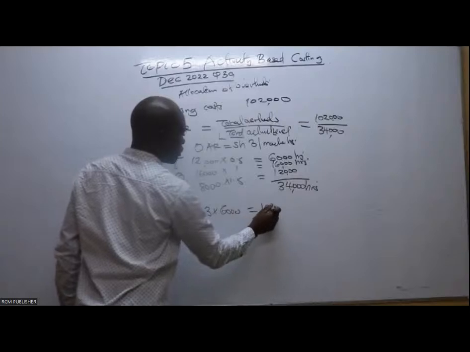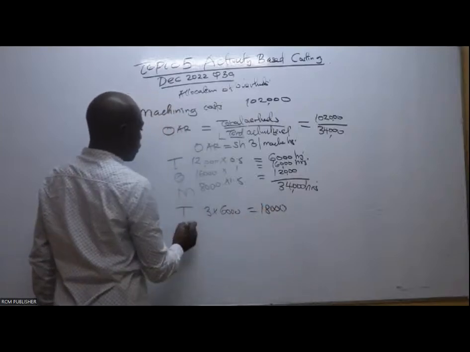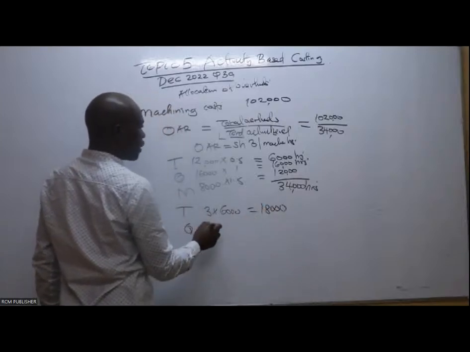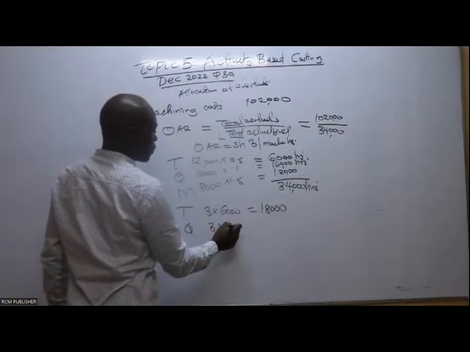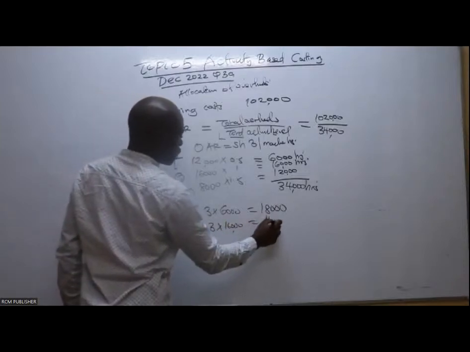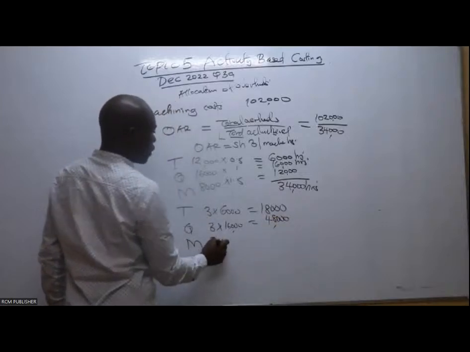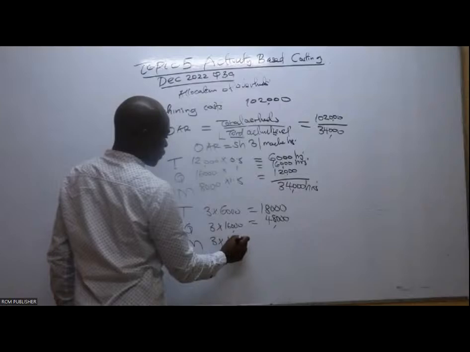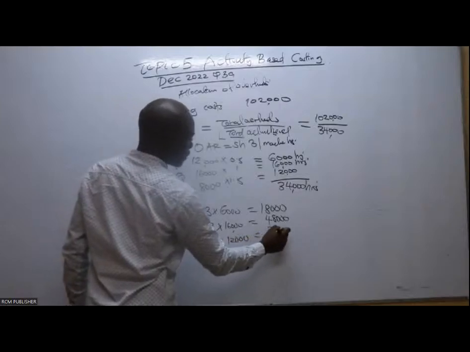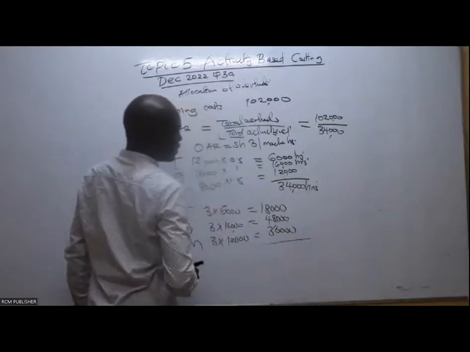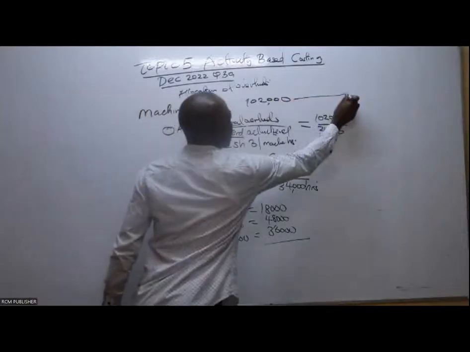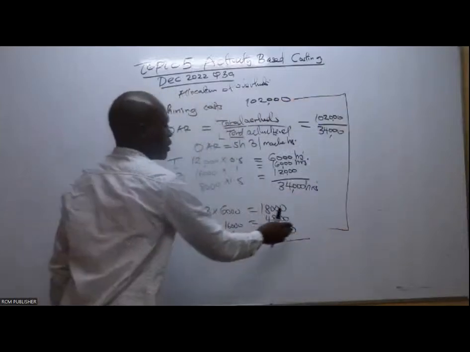That gives me 18,000. Product Q, I'm going to have 3 by 16,000 to give me 48. Then M, I'm going to have 3 multiplied by 12,000 to give me 36. Can someone add these, to see if it will be the same as what we have up there? Somebody to add.